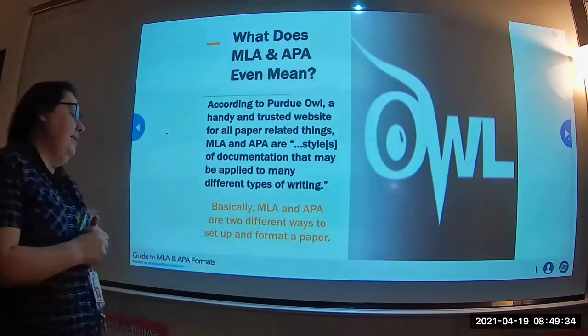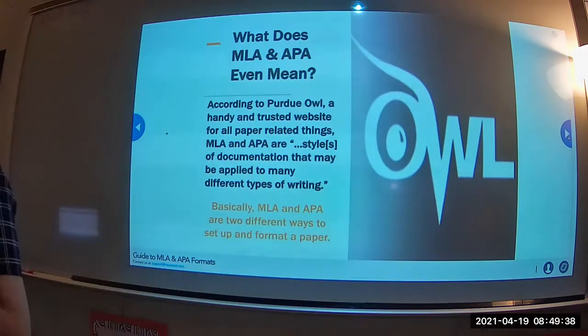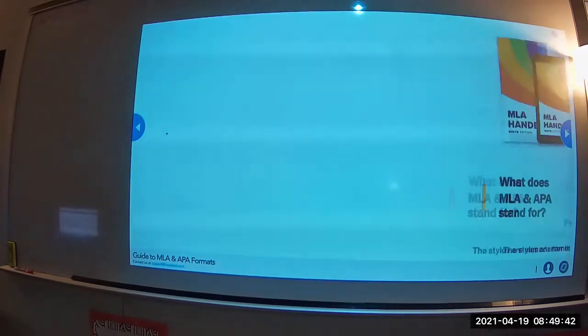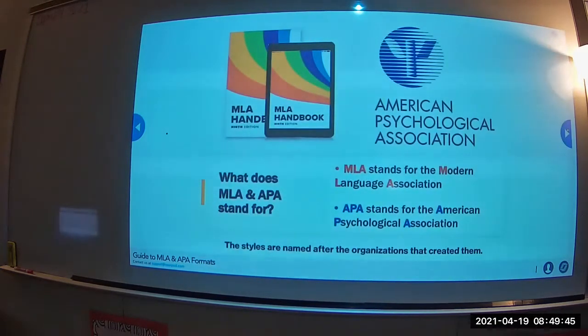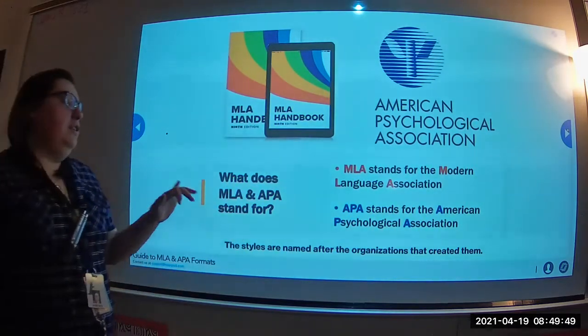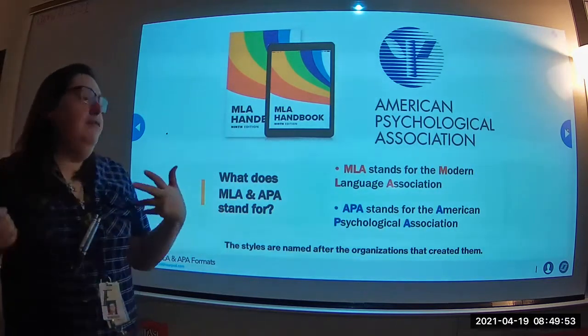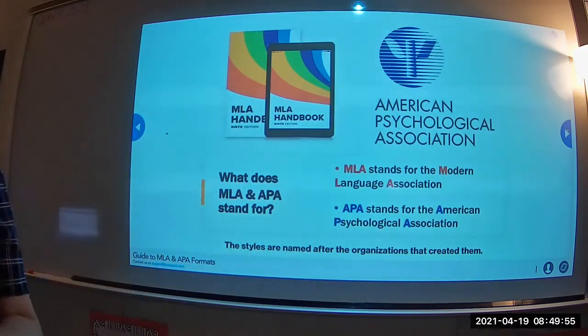So basically MLA and APA are two different ways to set up and format your papers, okay? So that's why they're important, because there are specific ways that you have to set up your papers. So MLA stands for the Modern Language Association and APA stands for the American Psychological Association. And so the styles are named after the organizations that pretty much created them.